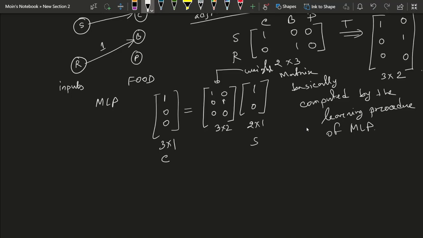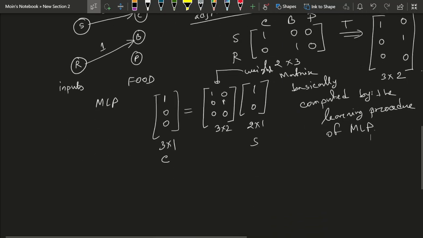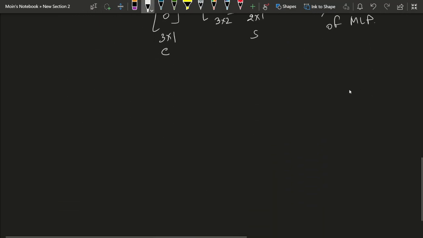The weight updating process will help us to compute this weight matrix in a proper manner. So far, this example just shows how a Boolean functionality can be represented with the help of MLP. So let's move on.